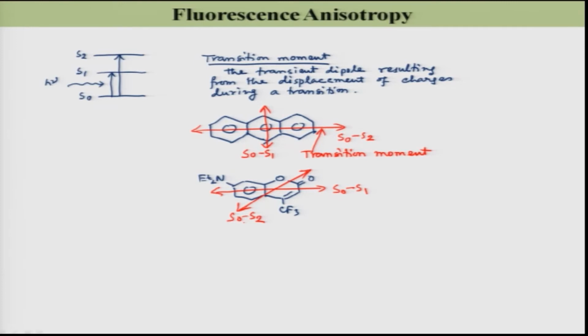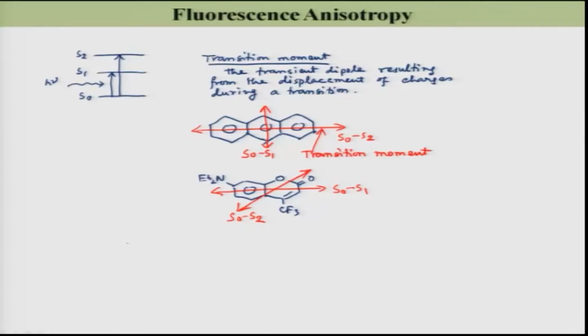And if you use a plane polarized light, that means the electric field is oscillating in a particular direction. If this is the propagation of the light, the electric field is oscillating like this. Not all the directions are allowed, only one direction, it could be like this. So, now if I have unpolarized light and a polarized light for the excitation, what is the difference?